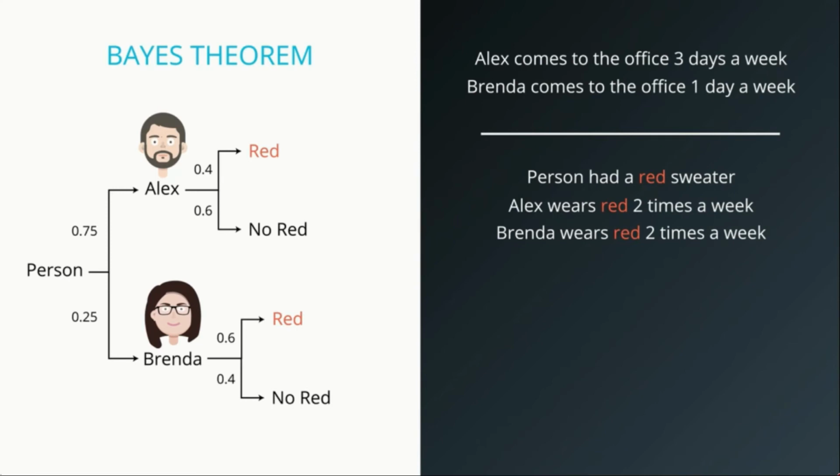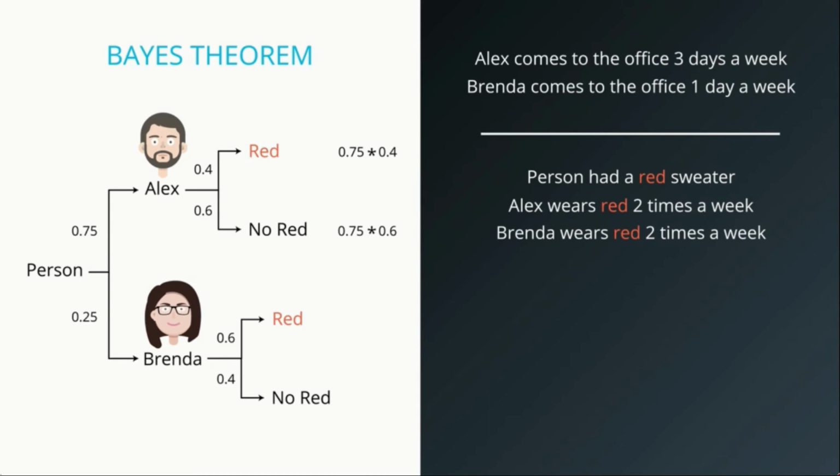Now, by the formula of conditional probability, the probability that these two will happen is the product of the two probabilities, P of Alex times P of red given Alex. Therefore, the probability that the person we saw is Alex and that they're wearing red is precisely 0.75 times 0.4. We multiply them and put the result here. We calculate the other probabilities in the same way.